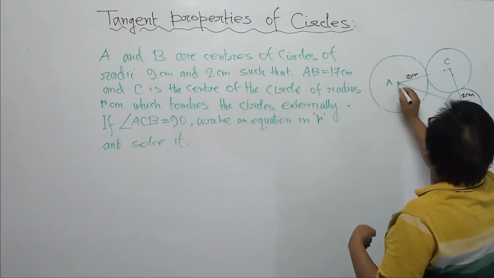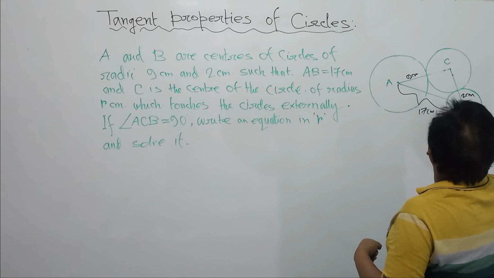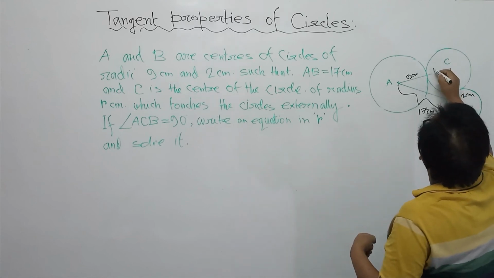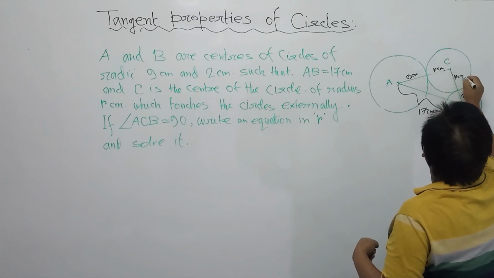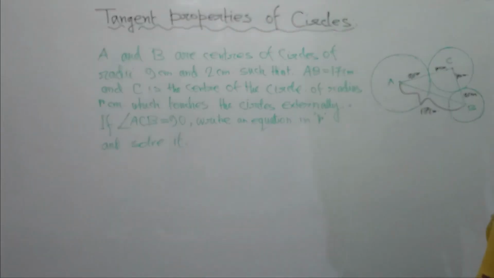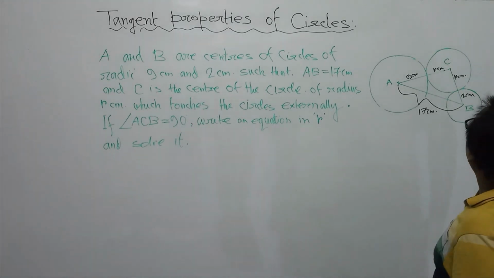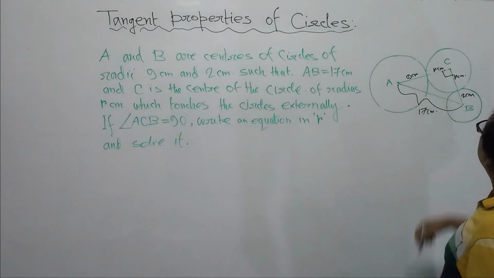The length of AB is 17 centimeters, and the radius of the circle centering at C is r centimeter. These are given. Also given, the angle ACB is equal to a right angle.